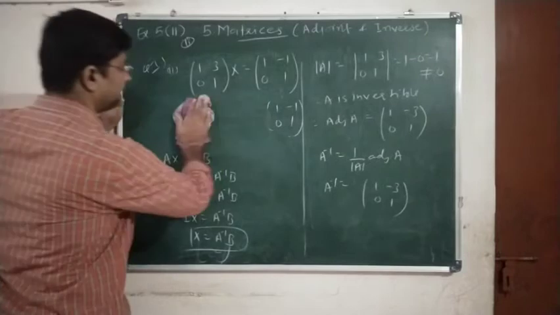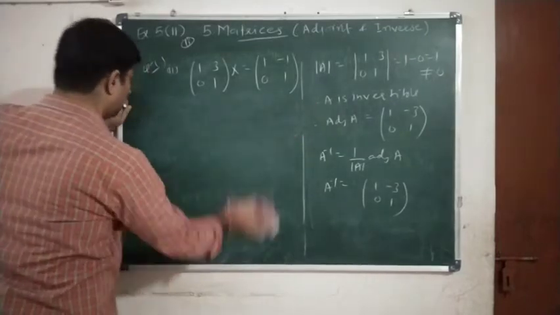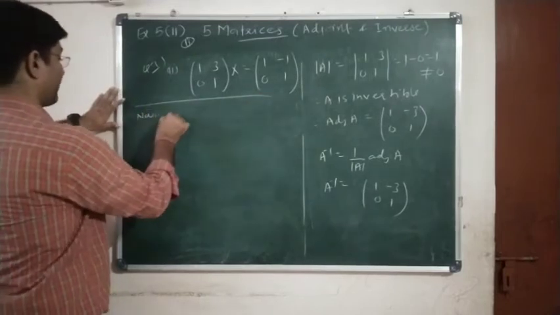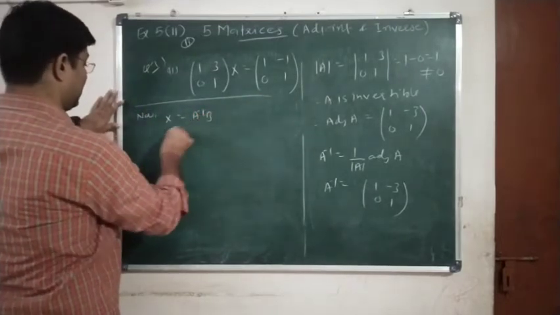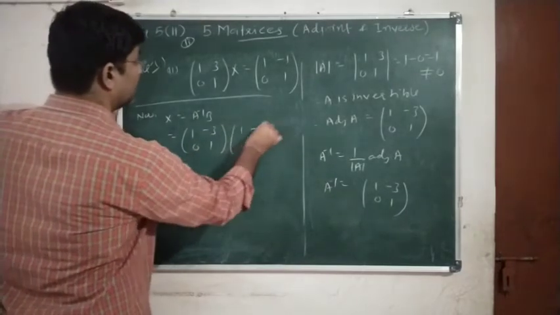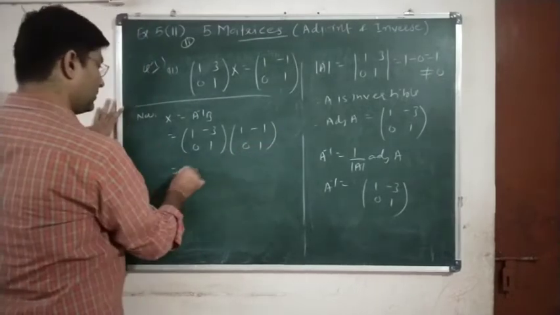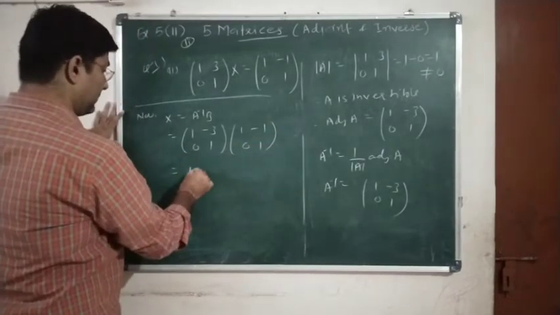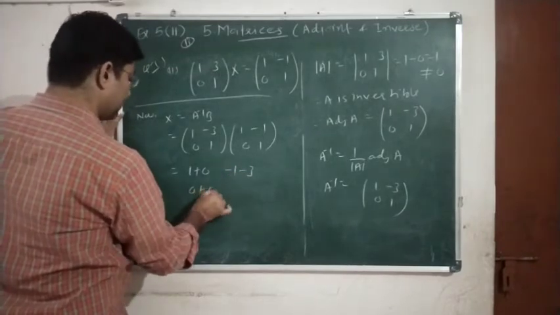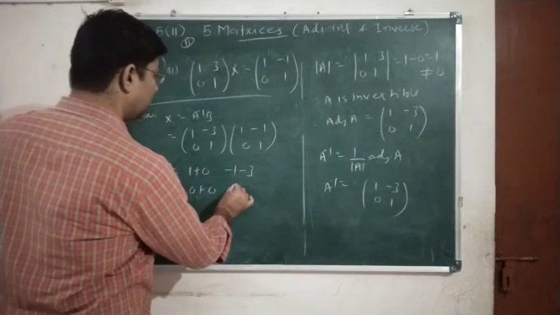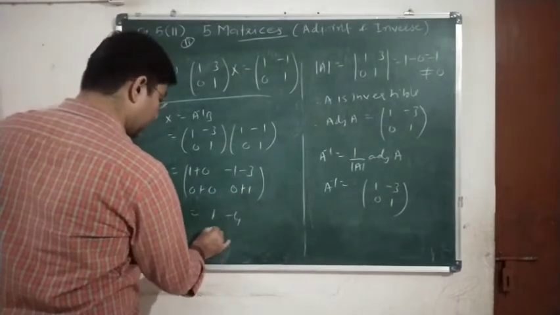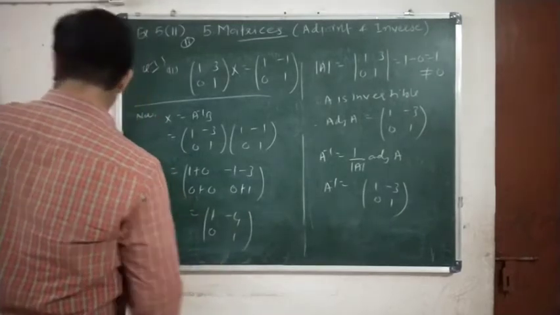So let us do that. Okay, now X is equal to A inverse B, 1 minus 3, 0, 1, times 1 minus 1, 0, 1. 1 ones are 1 plus 0, minus 1 minus 3, 0 plus 0, 0 plus 1, is equal to 1 minus 4, 0 and 1.